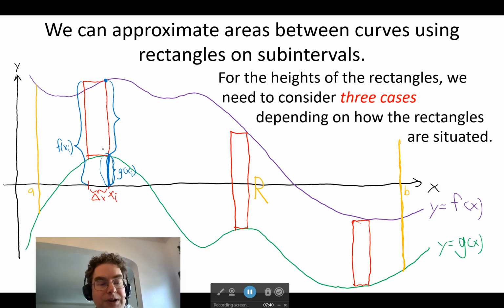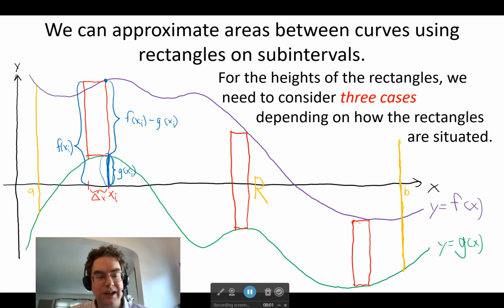We don't want this portion, so we subtract that off, and we find that the height of our rectangle then, that red portion, is f of xi minus g of xi. Okay, that's what happens when both functions are non-negative, when everything is above the x-axis, and that's probably the easiest situation to see what is going to happen.